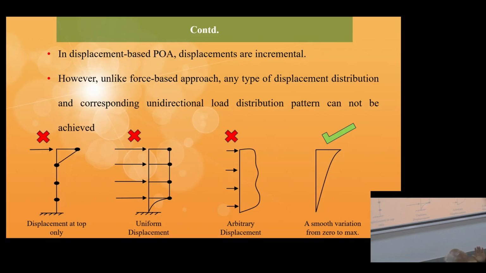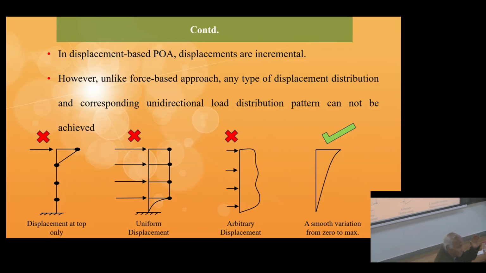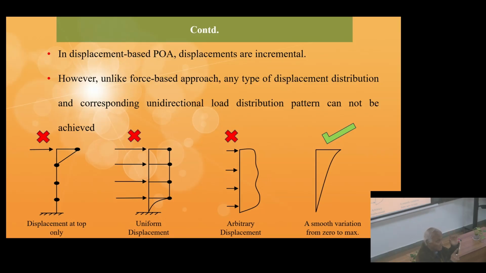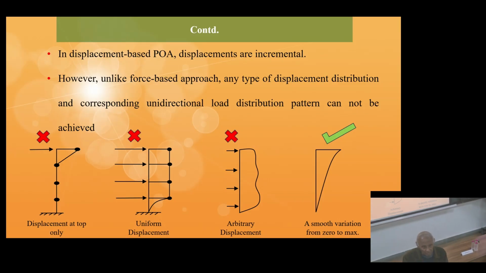Is it clear or not? Yes. I am talking of unidirectional. So if you give a high load, small load, again a high load, whatever load you give, but if it is unidirectional, the displacement pattern will be a smooth pattern. It may have a cubic shape, may have a parabolic shape, can have what we call a mixed shape, whatever it may be, but it has to be smooth.